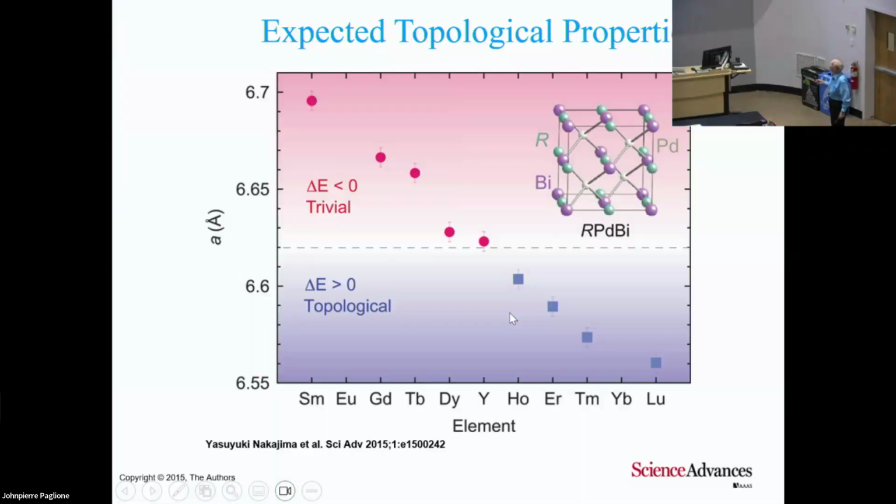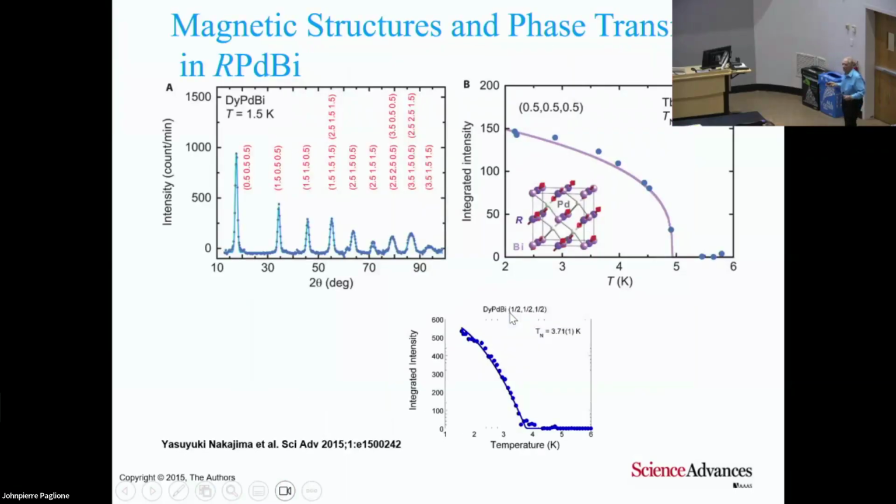And I mentioned topological, so as you go across the rare earth series, you get a band inversion right around half, and you go from topologically trivial in the upper part into topologically interesting in the bottom part. I'm not going to go into that, but for the neutron scattering, we do single crystal diffraction to get the magnetic order parameter.